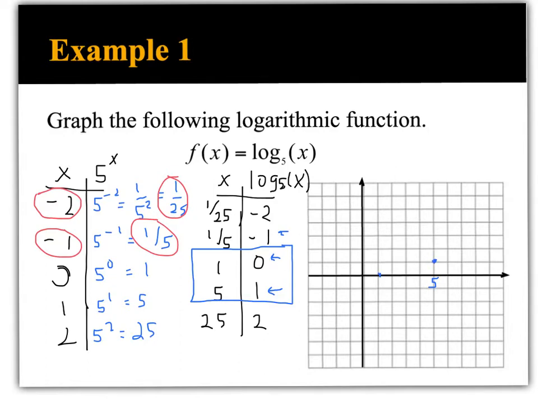And then if you remember from class, there is an asymptote right here. The other points are a little bit difficult to graph, but 1/5, -1, that's maybe down here somewhere. And then we just connect, and it should look something like this. That's what the logarithm base 5 of x looks like.